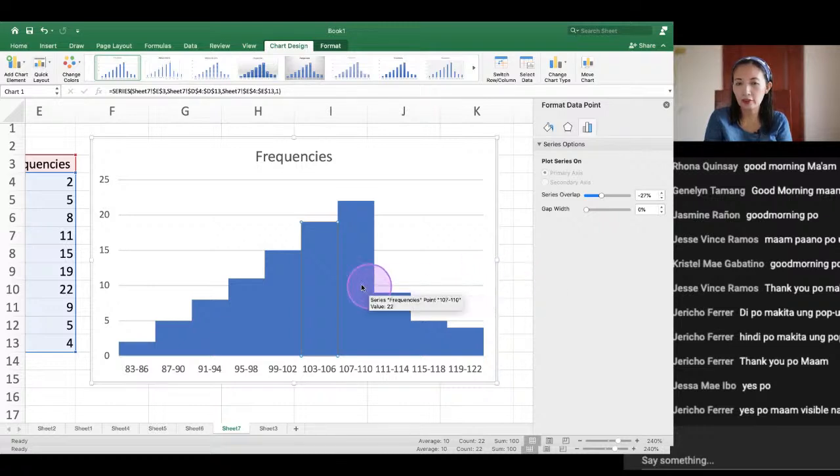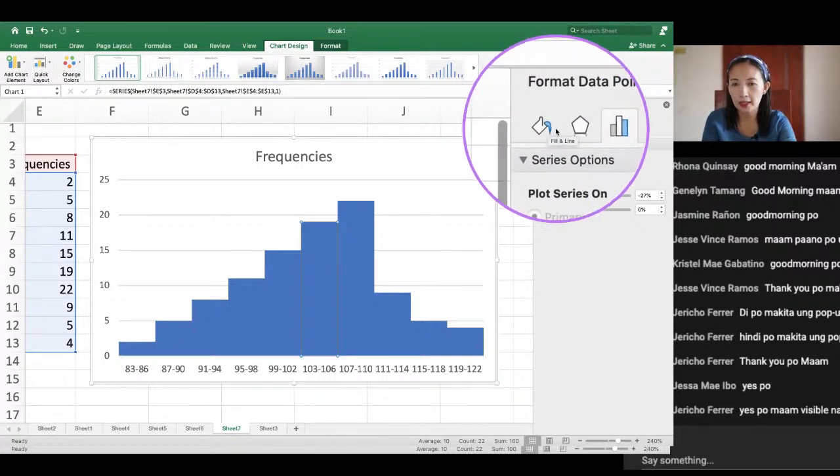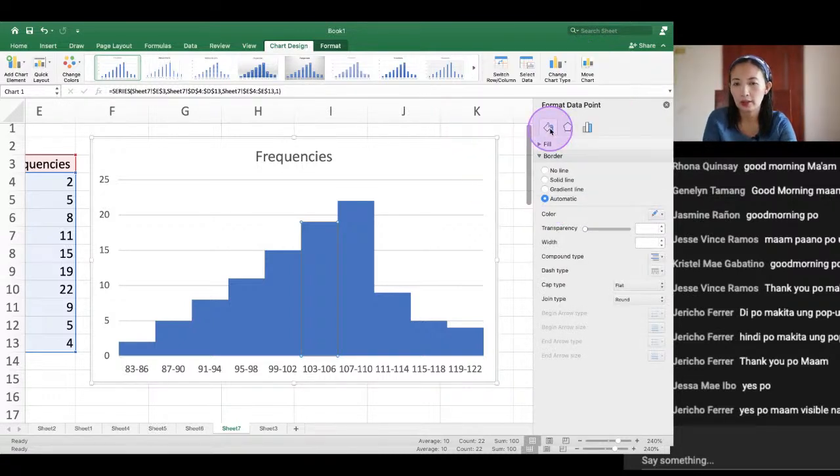And then again, if you want to distinguish one bar from the other, go to the bucket option. This is the bucket option. And then border, referring to the border of each bar.